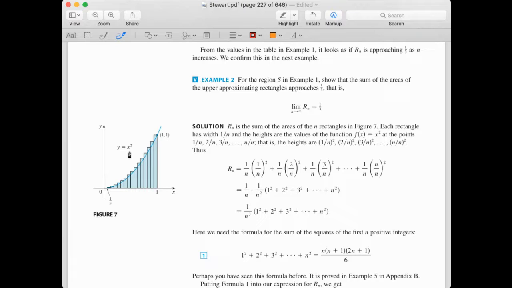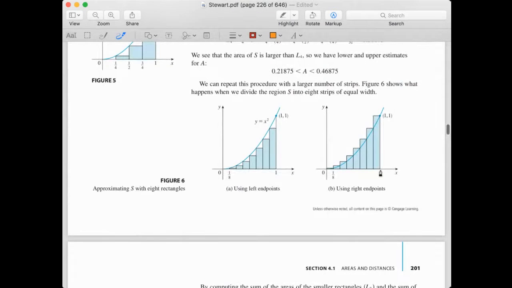So this is the right-hand side. We pick the right-hand side as the y value, the height for the rectangle. We can pick the right-hand side to mark a rectangle, or we can pick the left-hand side of this point to mark the rectangle.